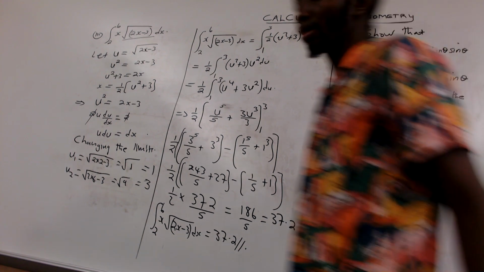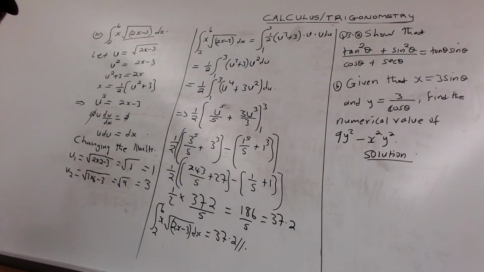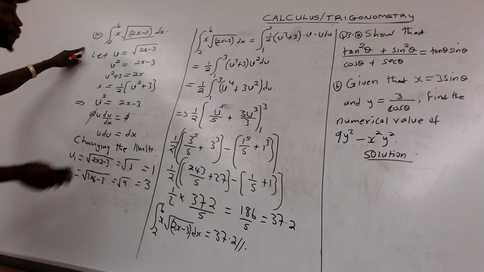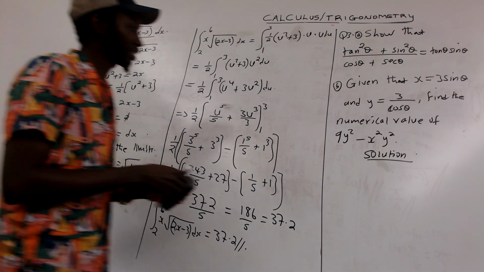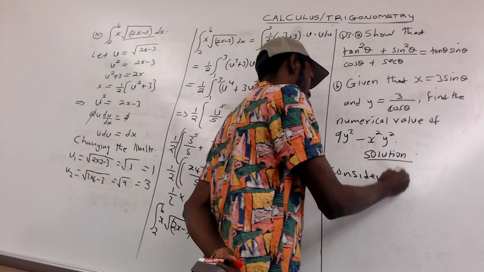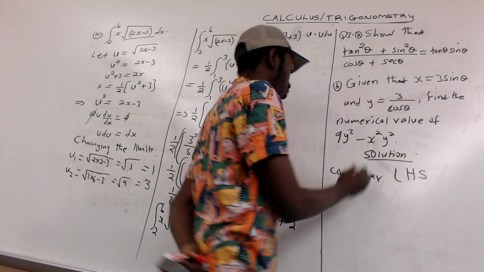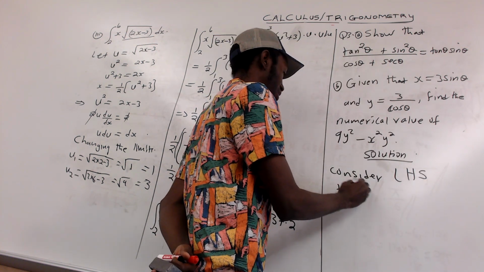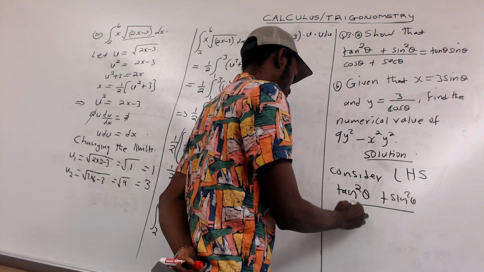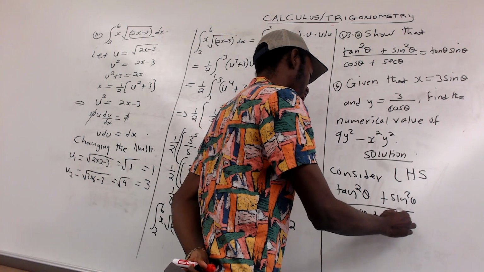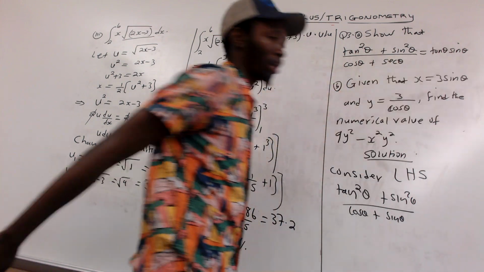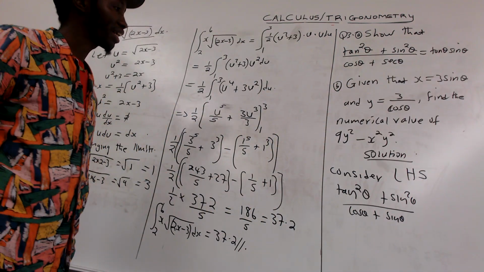If we try this first part, so I think we need to clear this part. So in this case, if we start here, we'll consider the left-hand side, which is tan square theta plus sin square theta divided by cos theta plus sin theta. When we plug this left-hand side, at the end of the day, we are going to have something like tan theta sin theta.